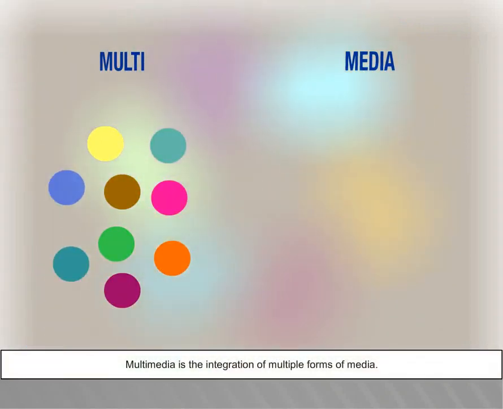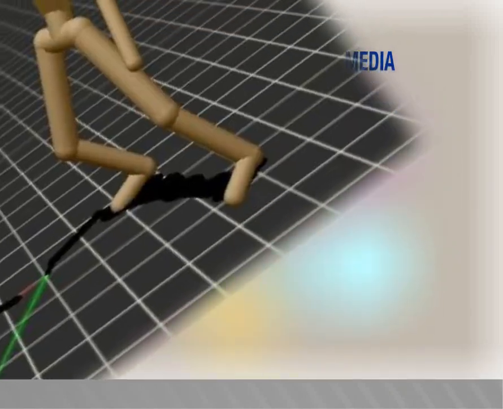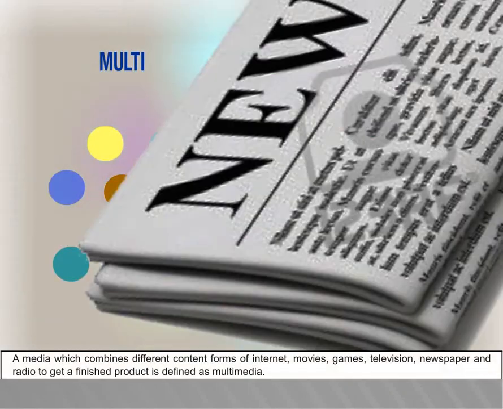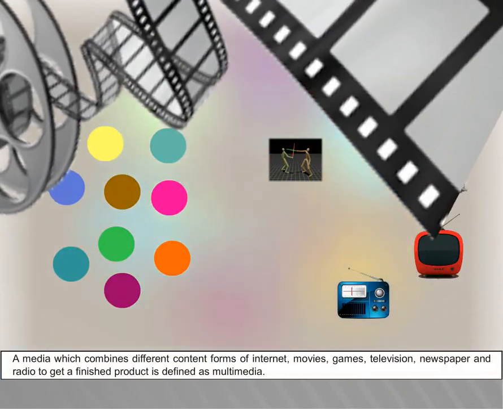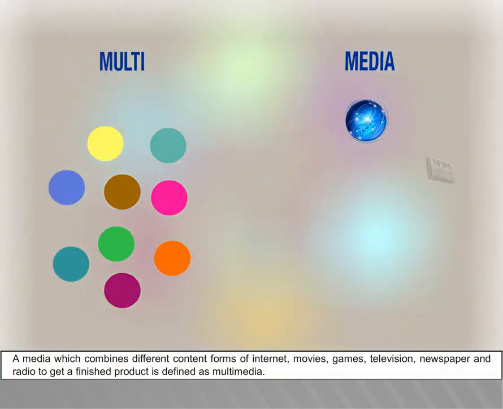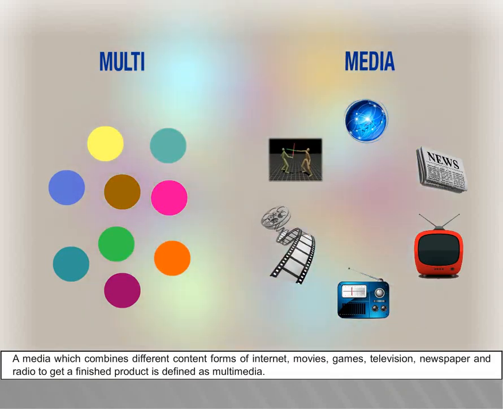Multimedia is the integration of multiple forms of media. A media which combines different content forms of internet, movies, games, television, newspaper, and radio to get a finished product is defined as multimedia.